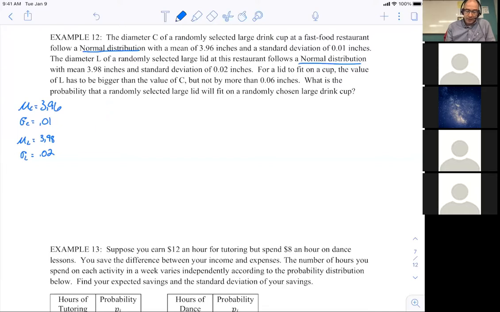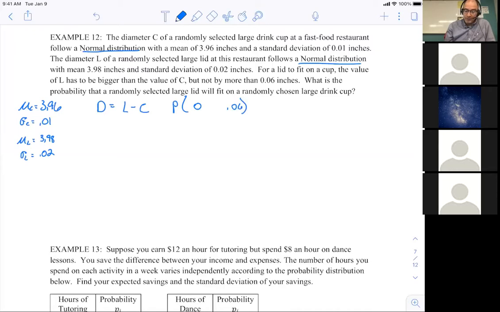So we're going to let D equal the difference of my lid minus my cup. If I take my lid minus my cup, I know that the left-hand edge has to be 0. And it said it had to be 0.06 in order for it to fit.